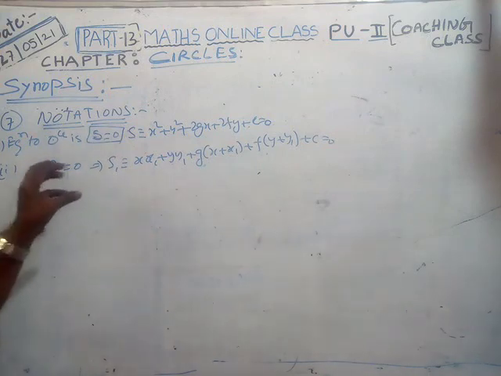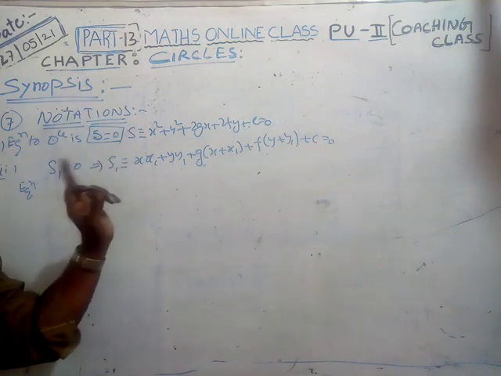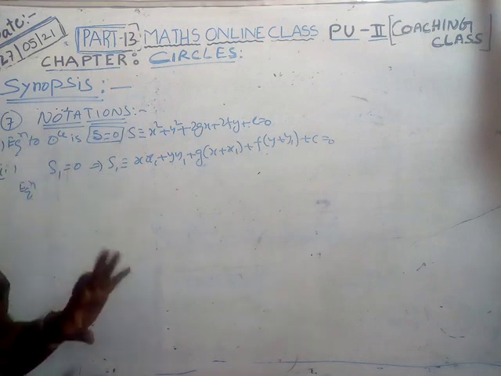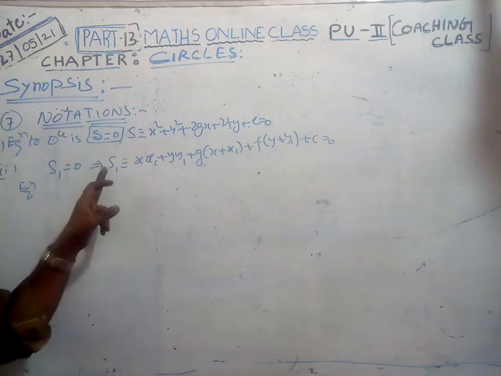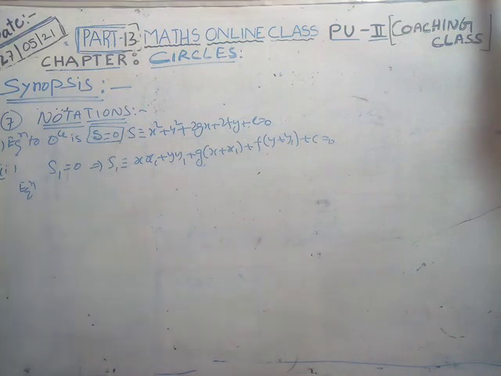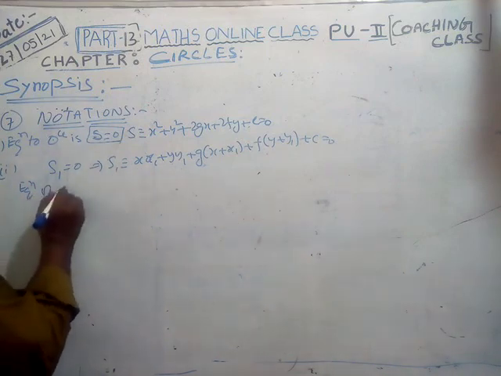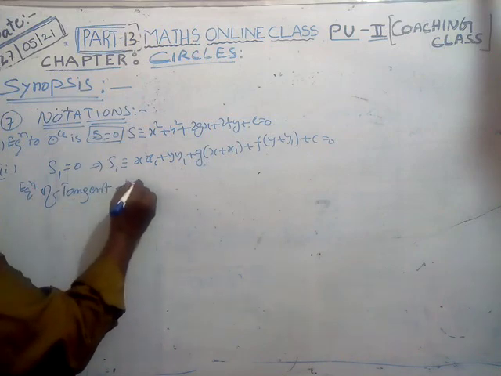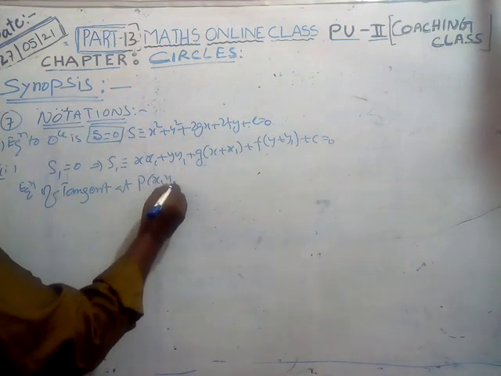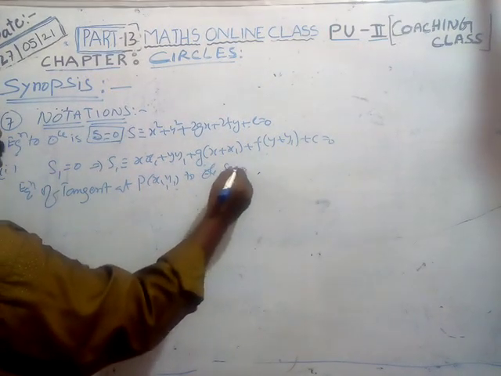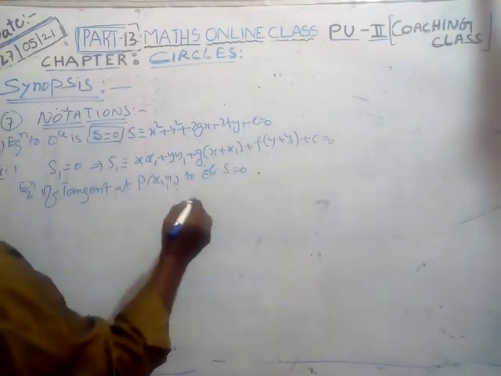That notation indicates the equation of a tangent. How it is formed, we know it well, leave it out. S1 is equal to 0 is the equation of tangent. I will write: equation of tangent at P x1 comma y1 to the circle S is equal to 0 is this one.